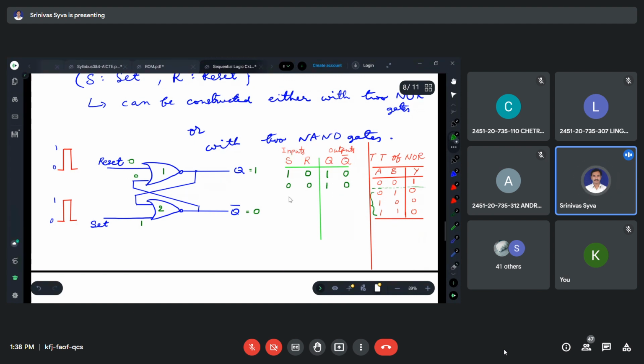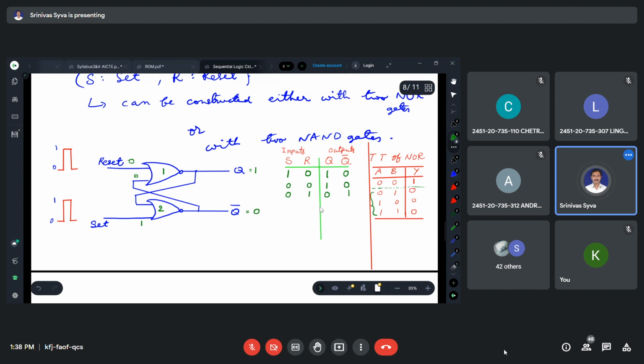Now, if one of the inputs is enabled, say for example S is 0 and R is 1, then Q will become 0 and Q bar is 1.